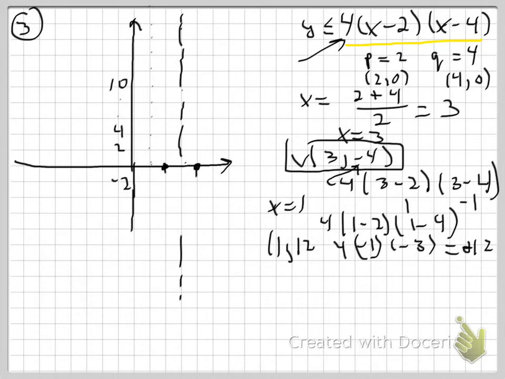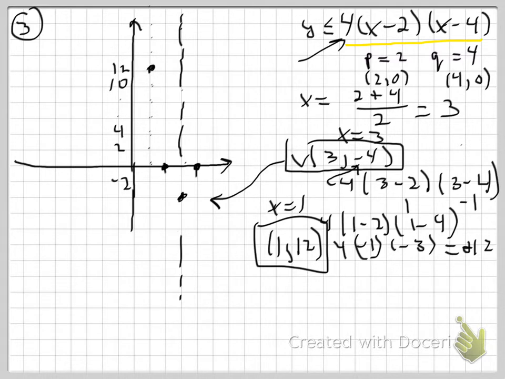There's 10 there, so 12 is right here. Now I can fit it in. So now when I do (3, -4), I'm actually going right there. There's the vertex. And then I've got to go to (1, 12), so over 1, and up 2, 4, 6, 8, 10, 12.